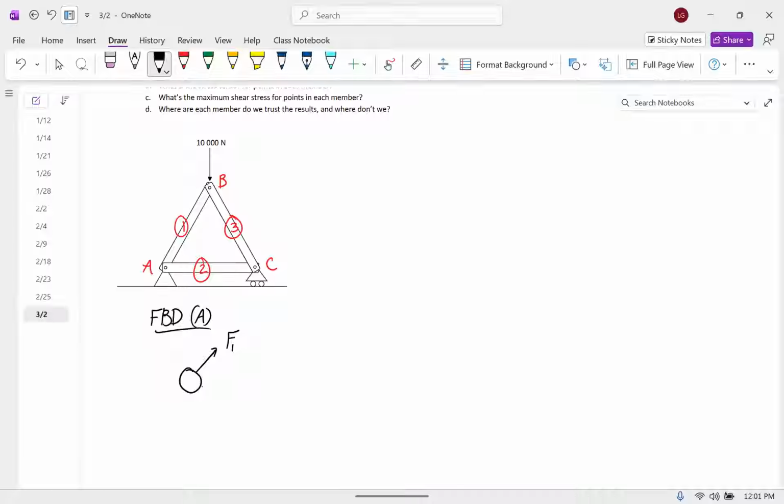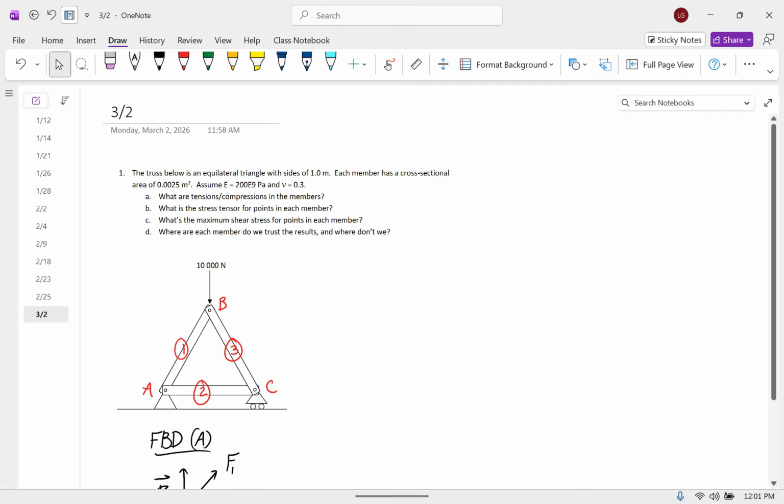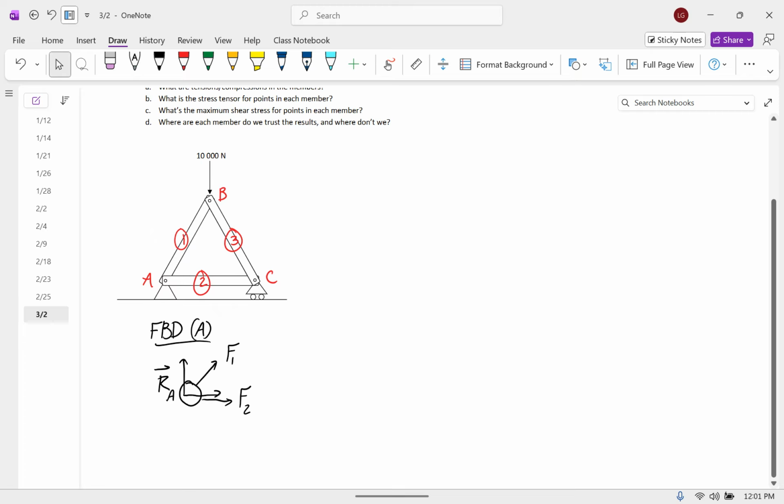We have a force F1 there, a force F2 here. And then there's also the force that's applied to that pin by the ground. So I'll put that in like this, and that's RA. This is equilateral, I think, in 1 meter.